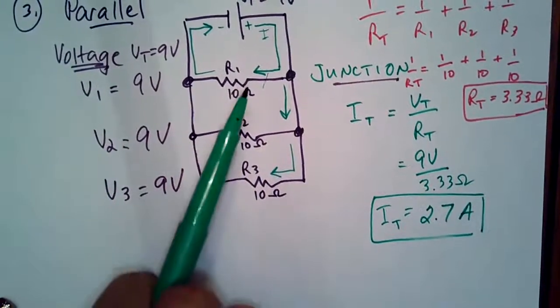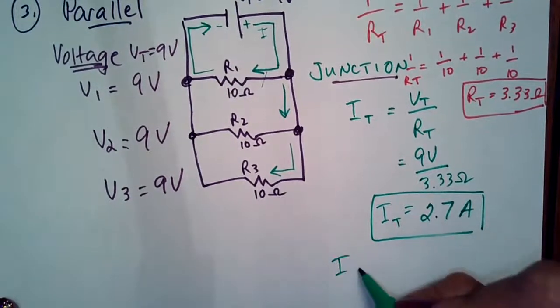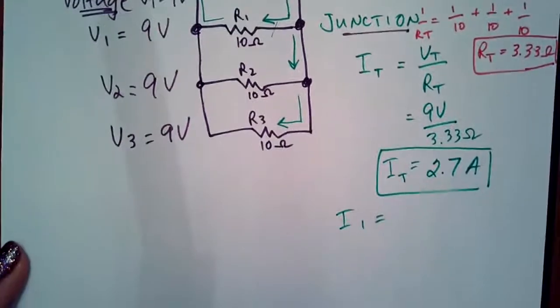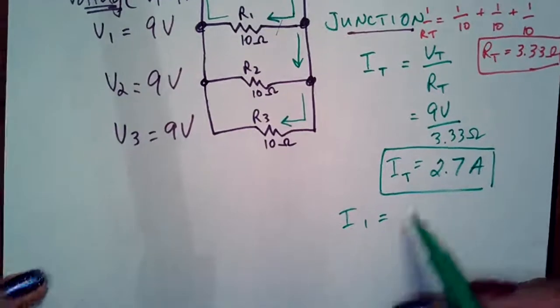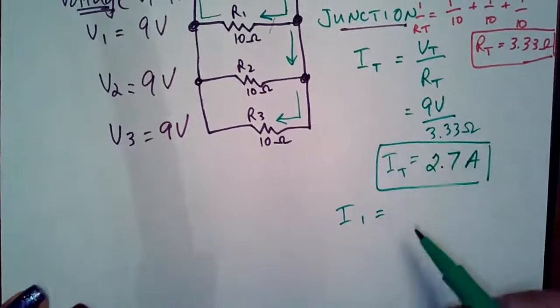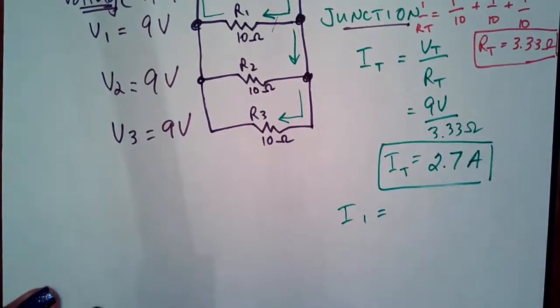So now we need to know how much current is going through each one. So I1, we need to now apply Ohm's law for this one. Again, we look at Kirchhoff's rules before we can consider Ohm's law. So now that this is analyzed in terms of loop and junction, we can calculate the individual current.